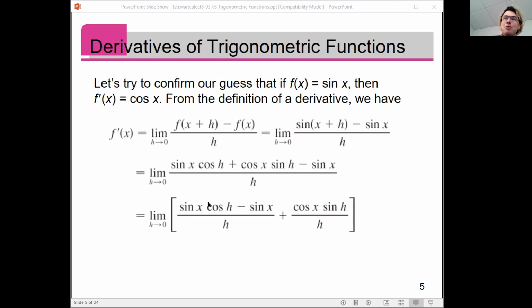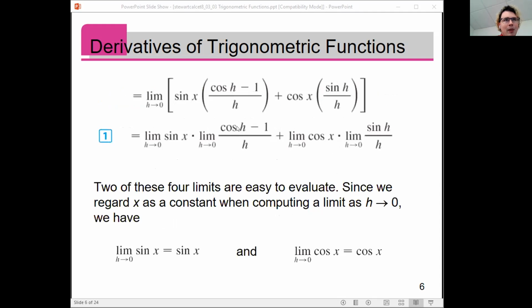And over here, I have some other stuff. So let's simplify again, get all those h's together in one spot. I have the limit as h goes to 0 of sine of x times cosine of h minus 1 all on h. And then that is added to cosine of x times sine of h on h.